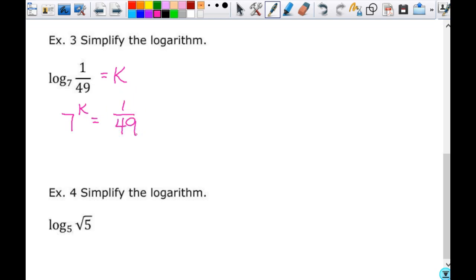Okay. And then just like you did on the homework that we just turned in, we got to get the matching bases. So my matching base is going to be 7, right? So 7 to the k, this would be 1 over 7 squared. How do I get 7 in the numerator? Negative. So this would be 7 to the negative 2 power. So that tells me that k equals negative 2, right? But it didn't ask me to solve for k. It said to simplify the logarithm. So then we do this.